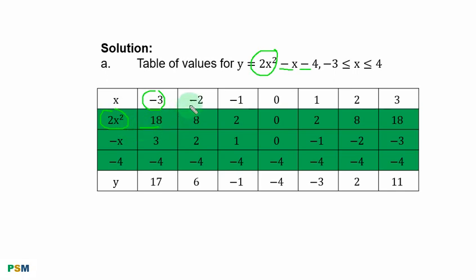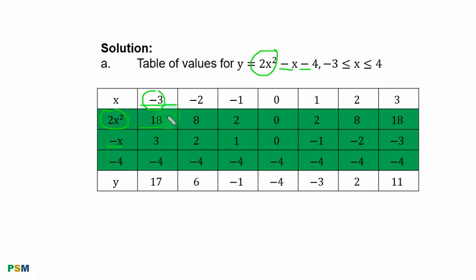Minus 2 squared is 4, times 2, you have 8, and so on. For us to get minus x, you simply multiply each value of x by minus 1. So minus 1 times minus 3, you have 3. Minus 1 times minus 1, you have 1. Minus 1 times 2, you have minus 2. Then minus 4 is there all through because it is a constant.